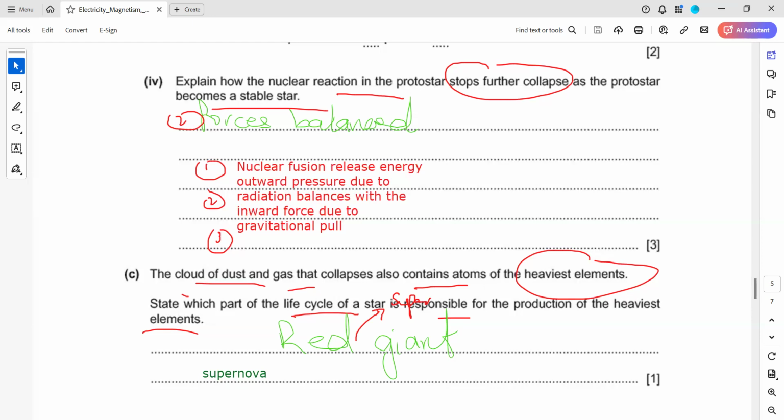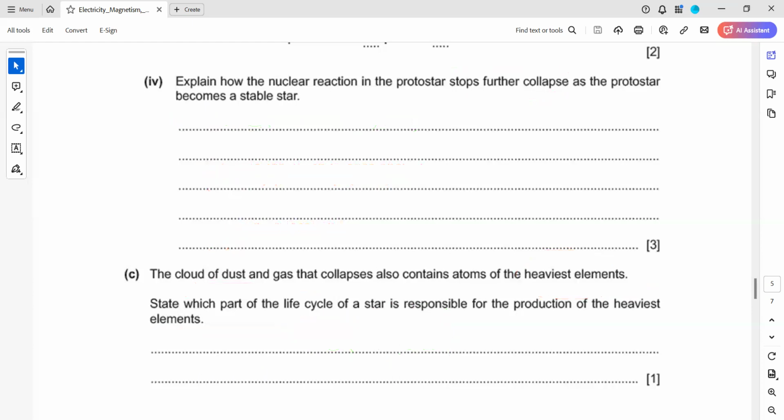If you mention only red giant, because red giant is for low mass stars, it does not produce enough heavy metals. When we talk about the star cycle, for the massive stars, supernova is actually the name given to the explosion.